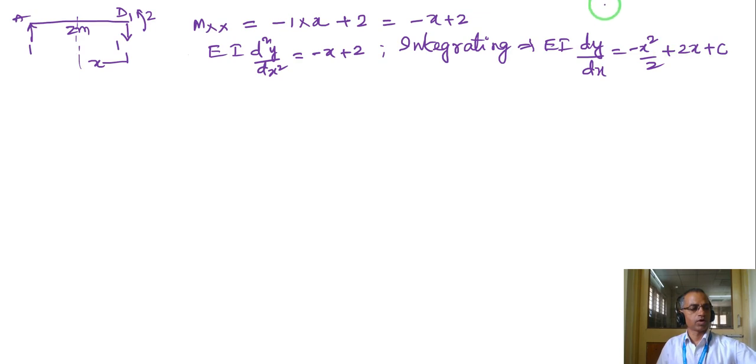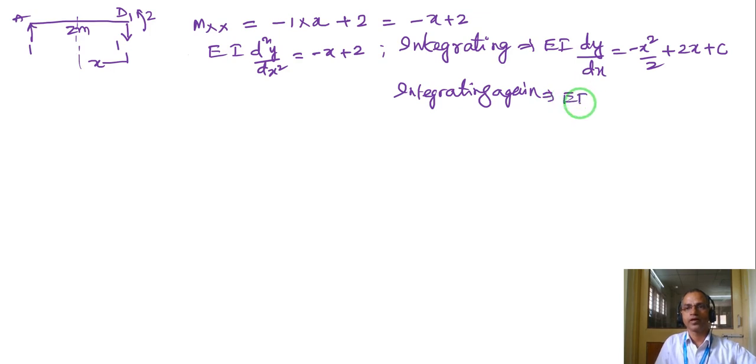Again integrating one more time, that EI y is equal to minus x cube by 6 plus x square by 2 (the 2 gets cancelled) plus c1x plus c2.